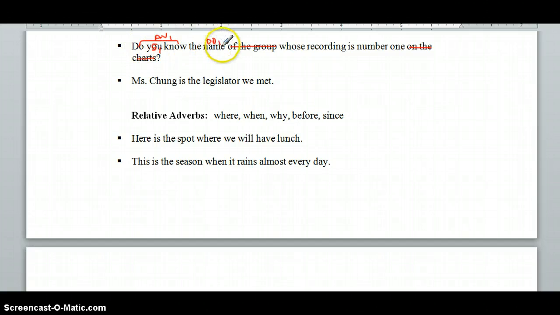Name, direct object. Whose, there's one of my relative pronouns. Linking verb: who or what is? Recording is. Number one is a predicate nominative renaming recording. All of this functions as an adjective telling me more about which group. In this case, the relative pronoun whose is acting like an adjective within the clause.